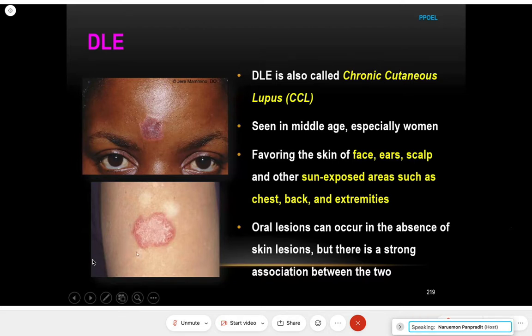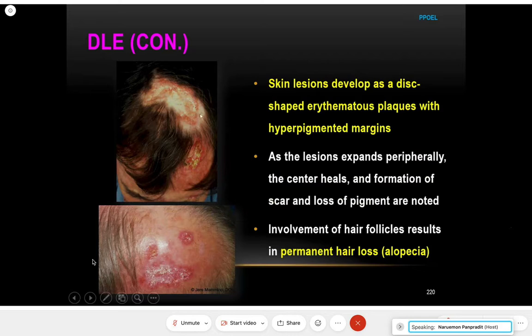This is an area of different color. The center is whiter, with a red margin. This is a discoid rash. We call it discoid rash. The skin lesion develops. Maybe it happens on the scalp and causes hair fall, alopecia, no?